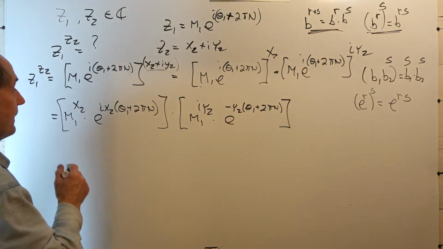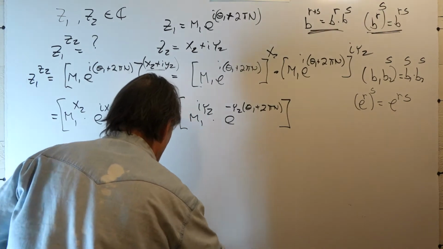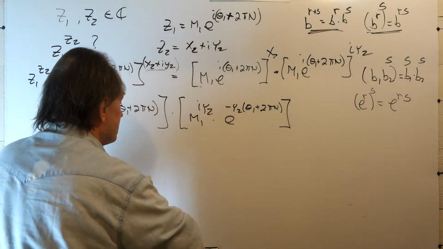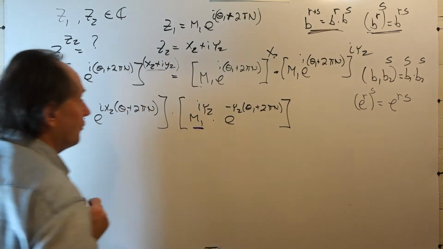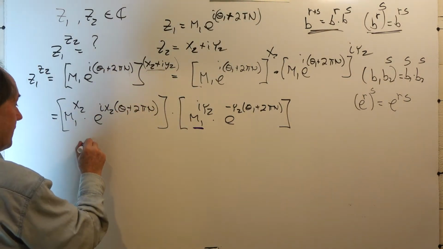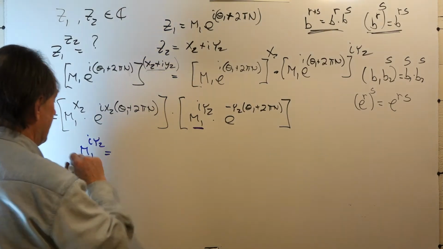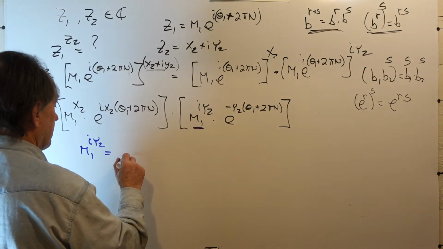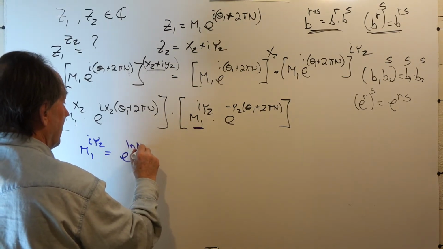Now, everything makes sense here except for this factor here. We have to work on that a little bit. m1 raised to the i y2 can be written this way. We'll write m1 as e to the natural log of m1.